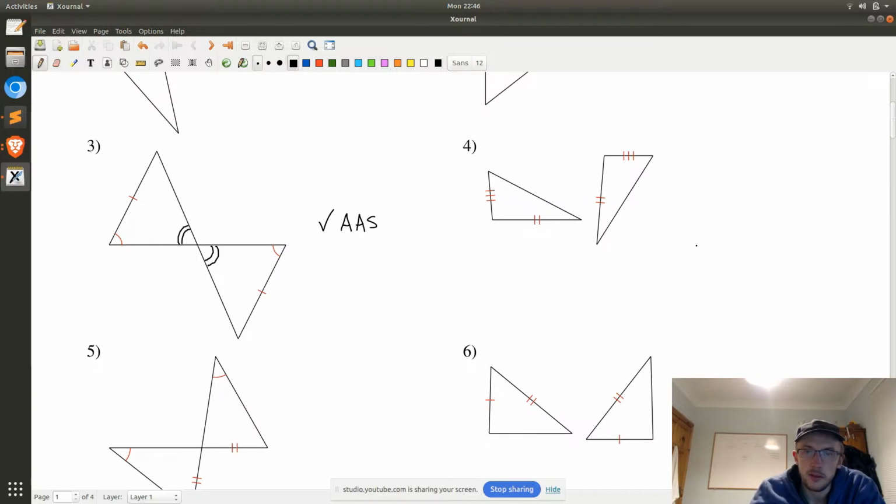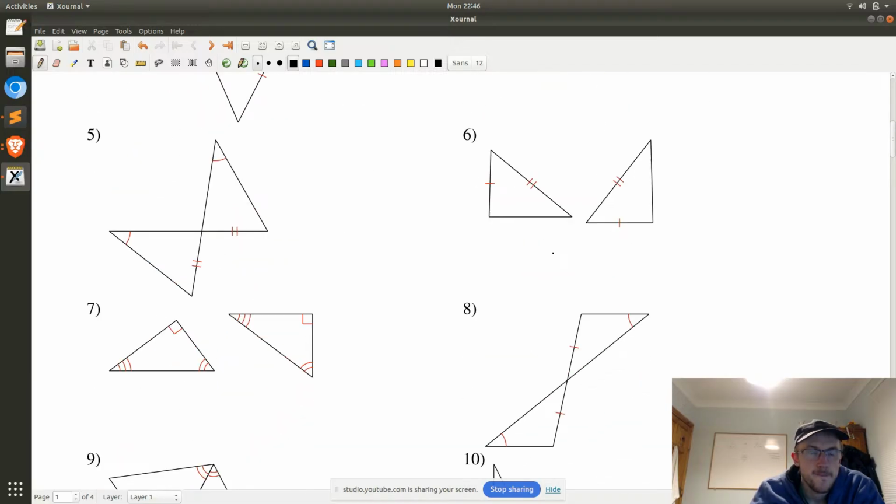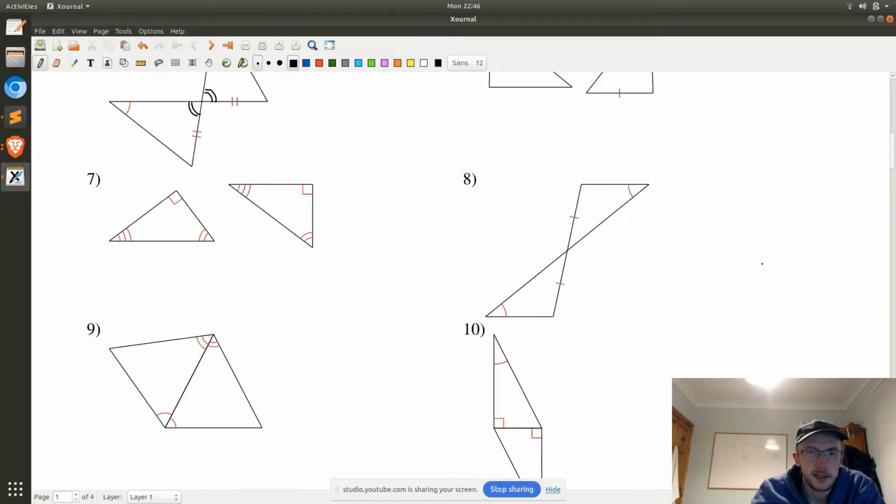No, I don't actually know if these are congruent. These are vertically opposite angles. And therefore, yes, because of the angle-angle-side theorem. So that's correct.